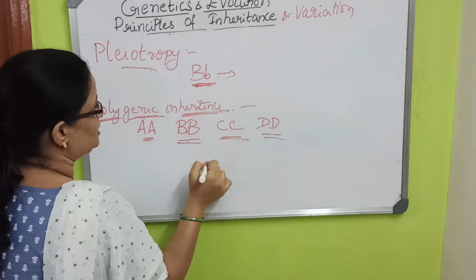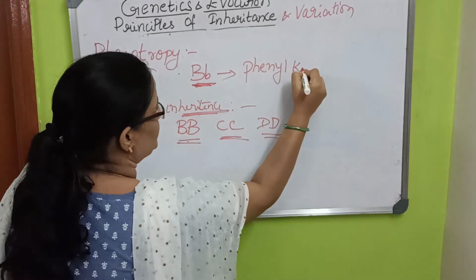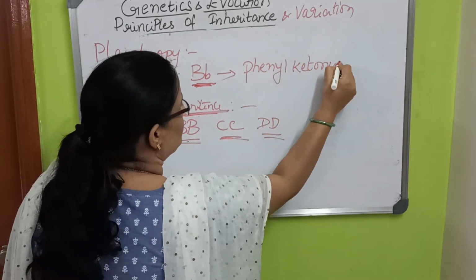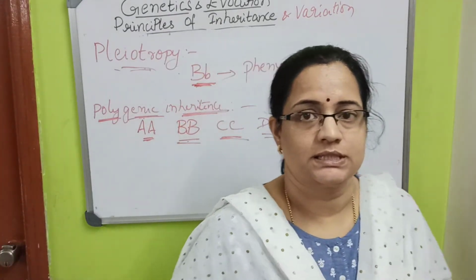Further, when I am teaching the example of phenylketonuria, the question will come: what is pleiotropy, and mention with examples.